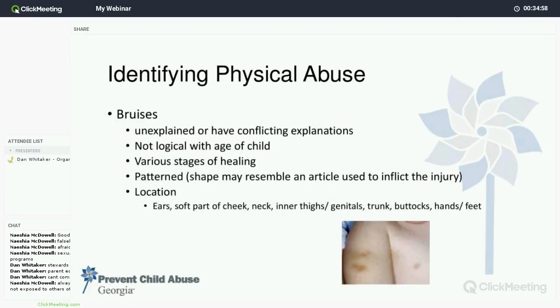The presence of many injuries in various stages of healing makes it obvious that the injuries did not occur at one time, and I feel like it's a bigger indicator that the injury was not an accident. Physical indicators of abuse include bruises, lacerations, swollen areas, marks especially on the child's face, head, back, chest, genital area, buttocks, or thighs.